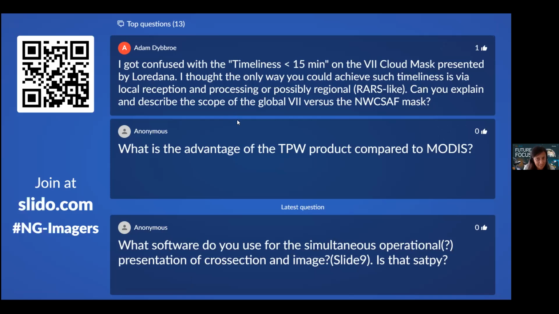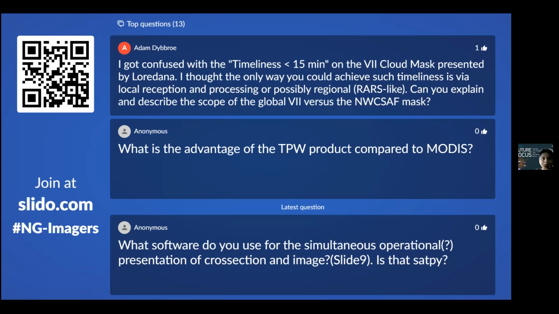For a 1 minute granule, we have less than 15 minutes to process and provide it for other EPS-SG products. I am not aware of the timeliness for the nowcasting SAF product, but this timeliness refers to the 1 minute granule.